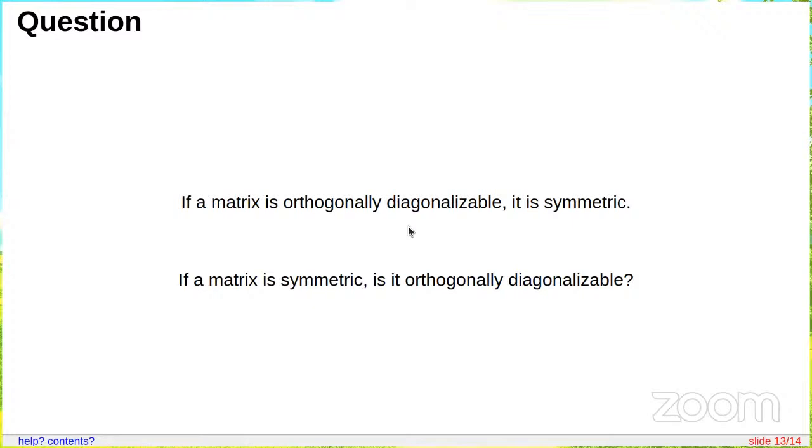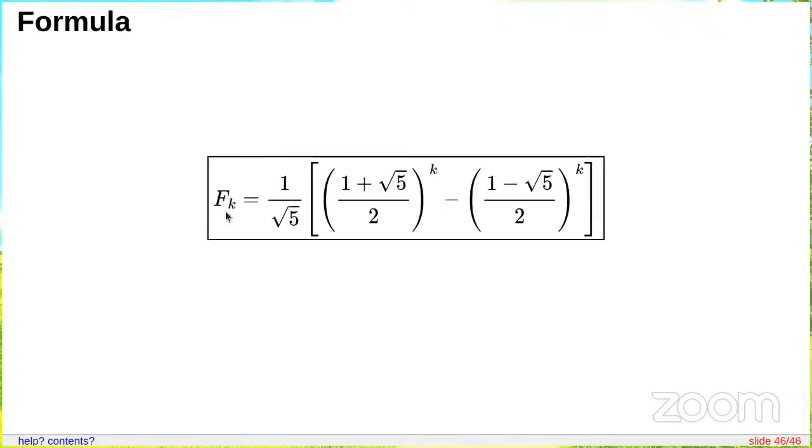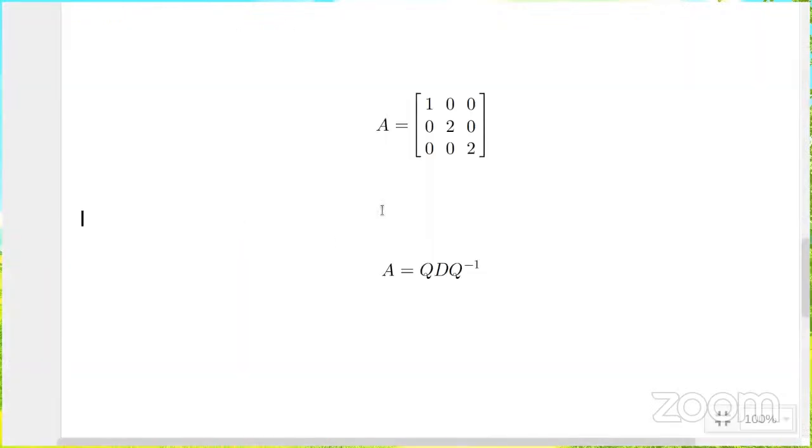One point. How did we arrive at A transpose equal to A? So you have QDQ transpose, right? Now, if you take A transpose, then this is the whole transpose. This is nothing but you reverse the order and then you take the transpose, right?